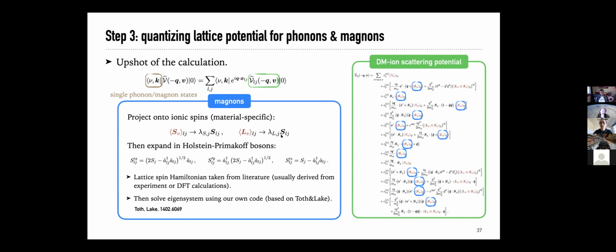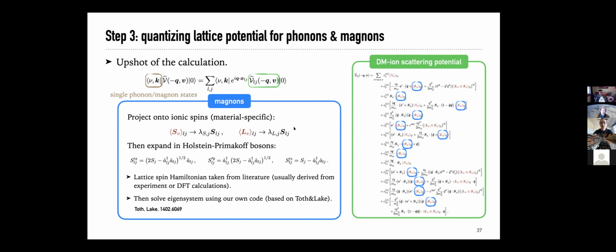So this would involve the concrete understanding of what the magnetic order is and how it is formed and what the effective Hilbert space is. And that's material specific, but in all cases, we can always do a projection of these particle level spin operators onto the subspace of the ionic spins. So it will just be a proportionality constant that's relevant in this calculation.